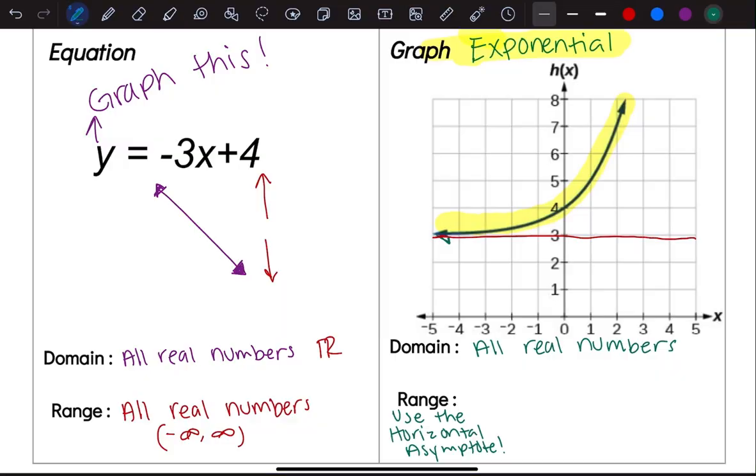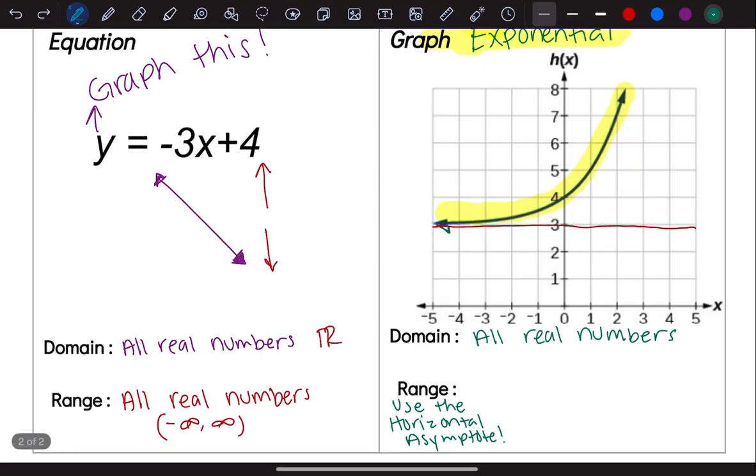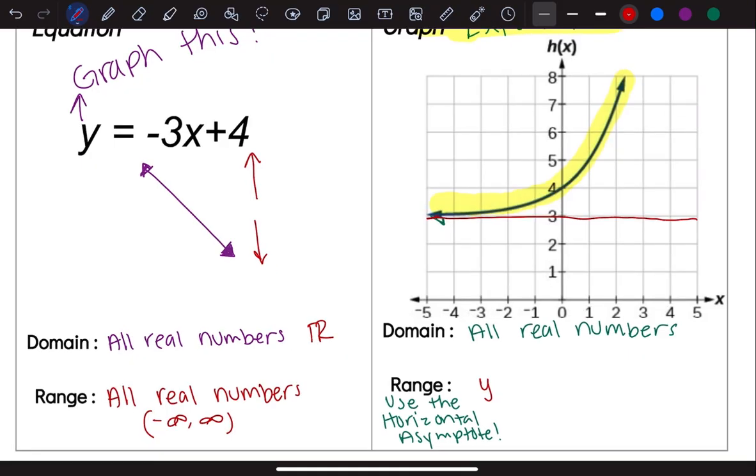So in this case, my horizontal asymptote is 3 because my function is approaching 3, but it doesn't ever cross it. So that means my range is going to be a y value. I'm looking at my y values. What y values does my exponential function span across? Well, it's going to start at 3 and go up. And up is greater than. So my range is y values greater than 3.